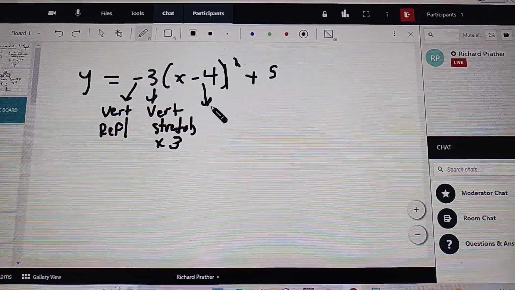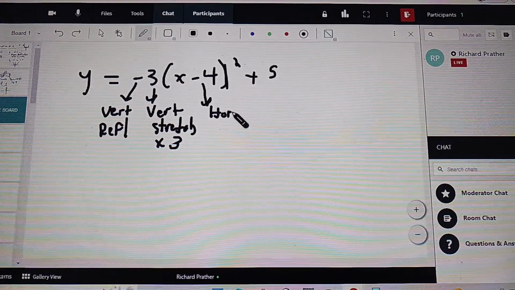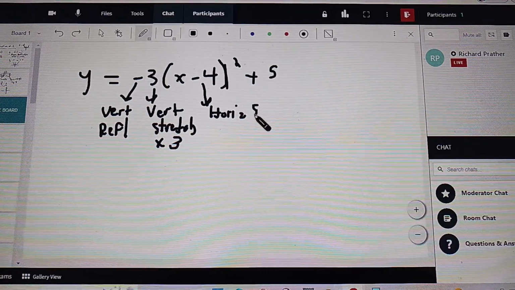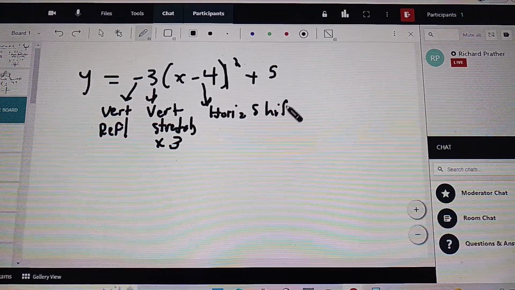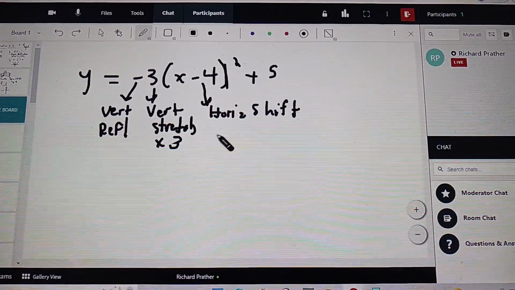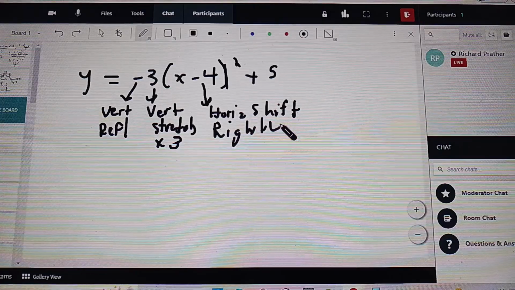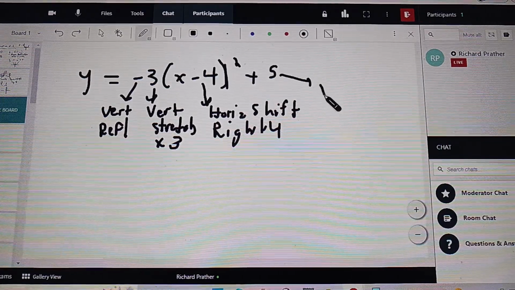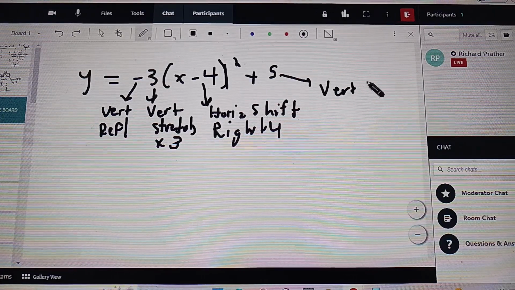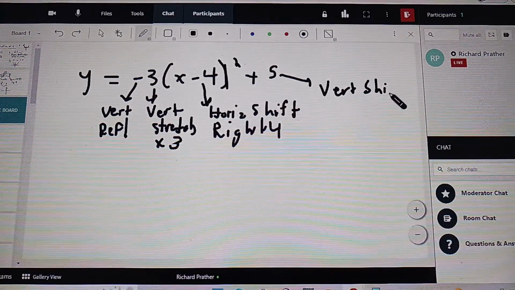Then this -4 would be a horizontal shift, and you would do the opposite of how it looks. -4 is normally left 4, so that would make it go right 4. And then you would have a vertical shift. That one you would do like it looks, and you would go up 5.